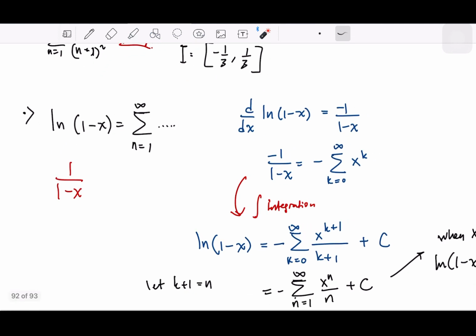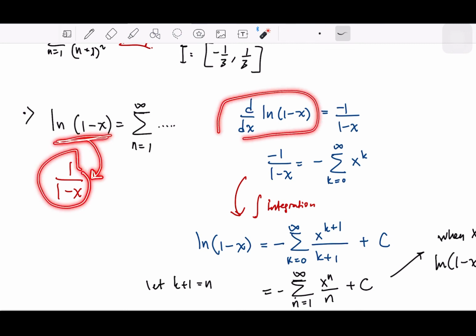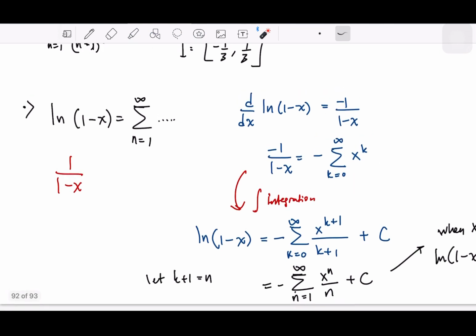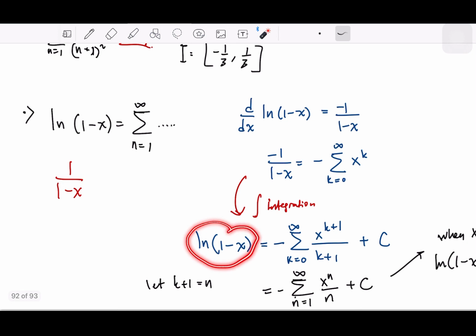Okay, and the next one is the ln. If we want to make this a function representation, we need to relate this to our original function, which is 1/(1 minus x). If we differentiate ln(1 minus x), we get -1/(1 minus x), right? Which means this is the negative of our original power series. Now, if we integrate back to this ln, then what we are looking for is the integration of this.